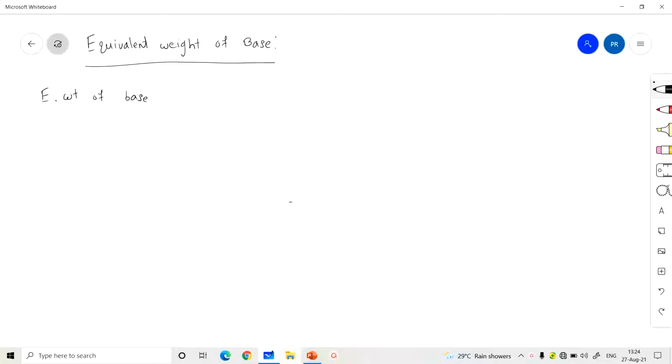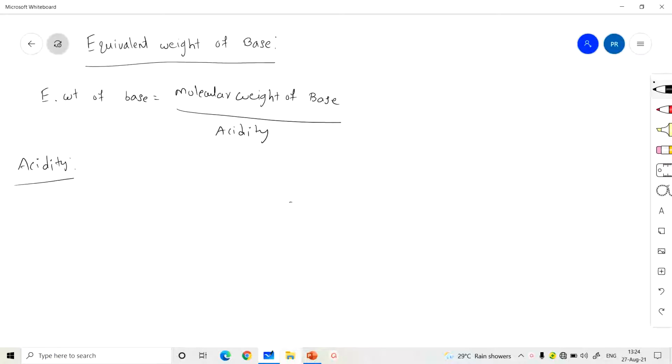The formula: equivalent weight of base is equal to molecular weight of base divided by acidity. Molecular weight of base means the sum of the atomic weights of the atoms present in the molecule.